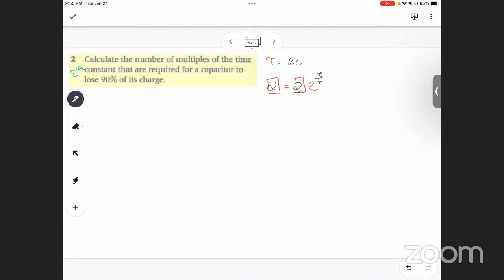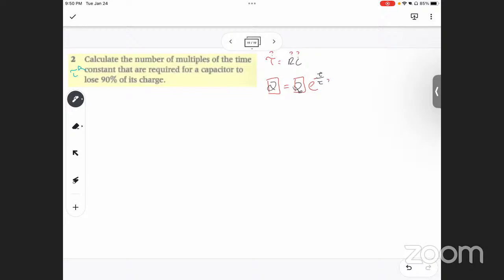So the left box is what Q, the right box is what Q. Q naught. Right. And the left box is Q at time t, that's good lah. Do notice that the question does not give you the R at all, does not give you any C at all. Therefore, the tau is unknown lah, correct?